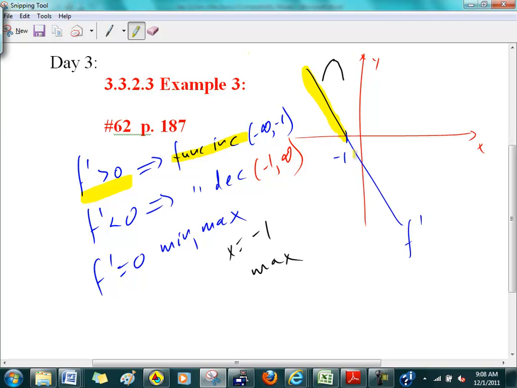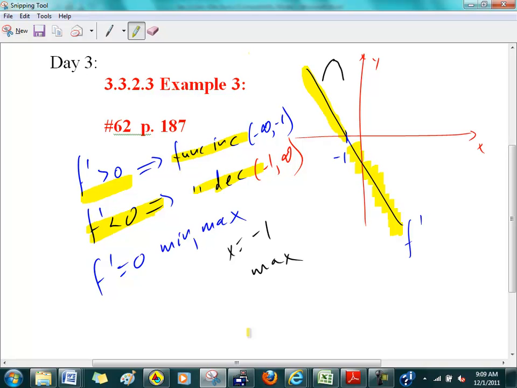And then on this side here, every y value on that thing is a negative number, which means that f prime is negative, which means it is decreasing. And then this comes from the Sparkles theory. Does this make sense or not yet?